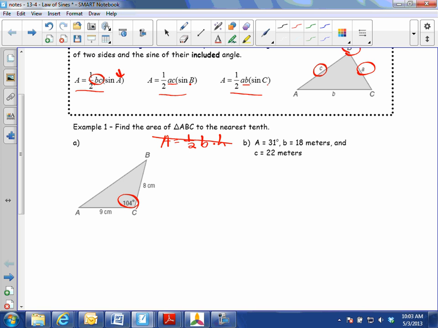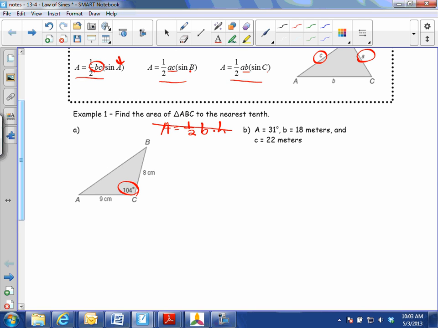So that's where this one of the sine formulas comes in. We're going to say area is equal to 1/2 times, we have the two sides, so times 9 times 8, and then sine of the angle, which is 104. And then you just have to plug everything in.